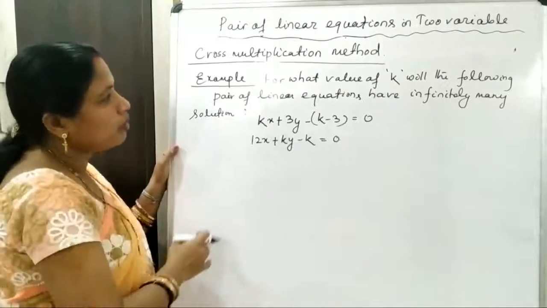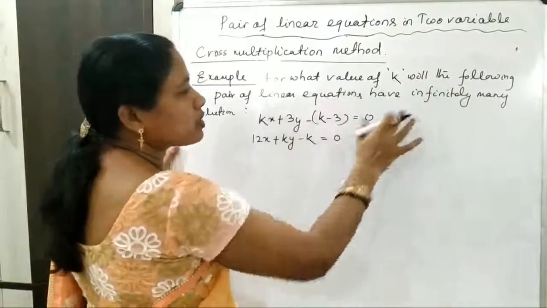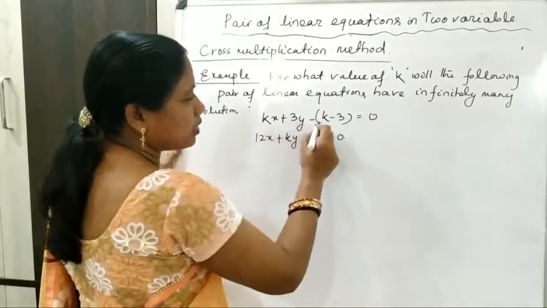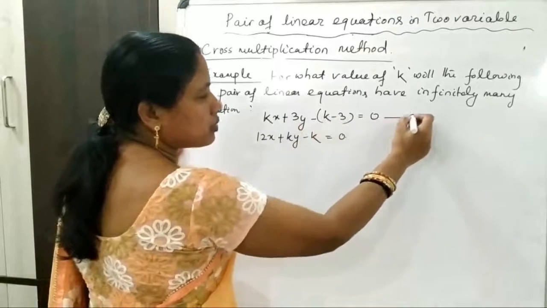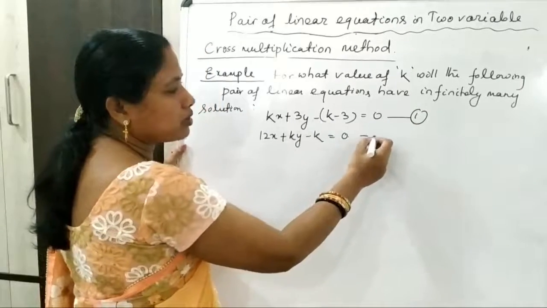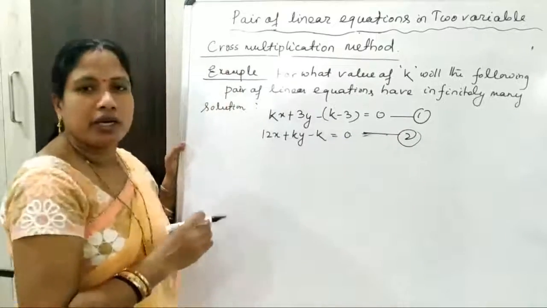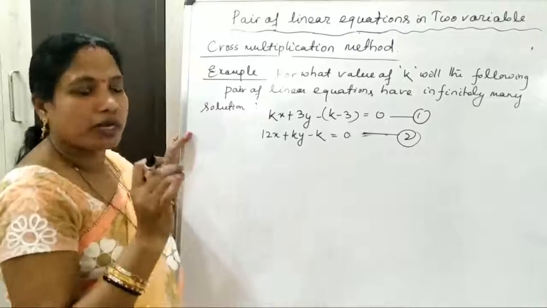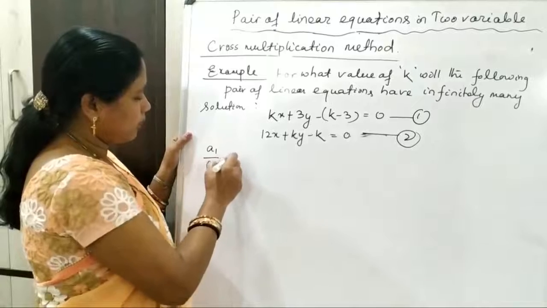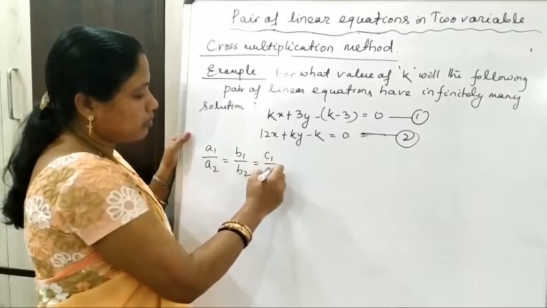This is the example. For what value of k will the following pair of linear equations have infinitely many solutions? So the first equation is kx plus 3y minus k minus 3 is equal to 0, and the second equation is 12x plus ky minus k is equal to 0. For infinitely many solutions, first remember the condition: A1 by A2 is equal to B1 by B2 is equal to C1 by C2.